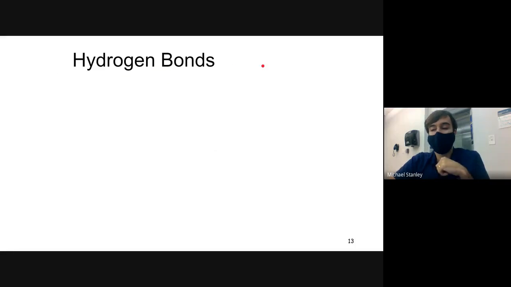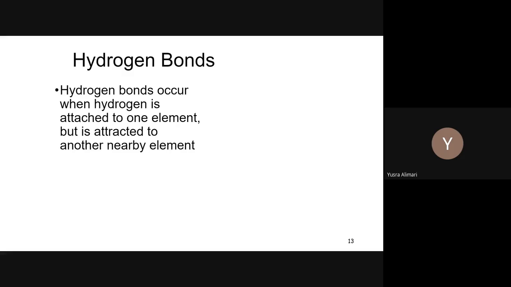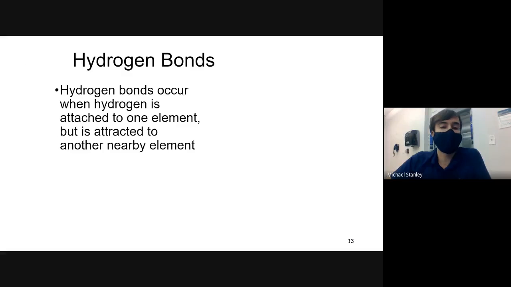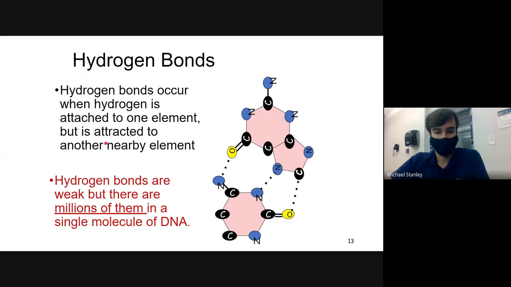A bond is when two different atoms or multiple different atoms basically combine together. In the case of a hydrogen bond, this occurs when there's a hydrogen atom on one element, but there is another element kind of close by that it is attracted to.